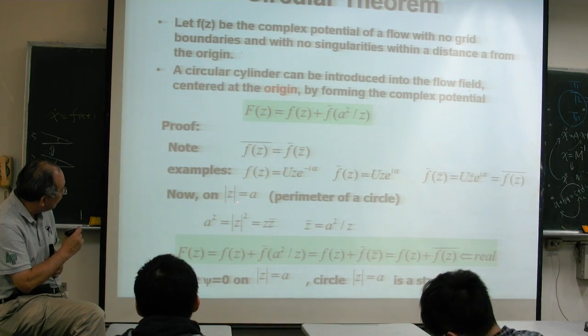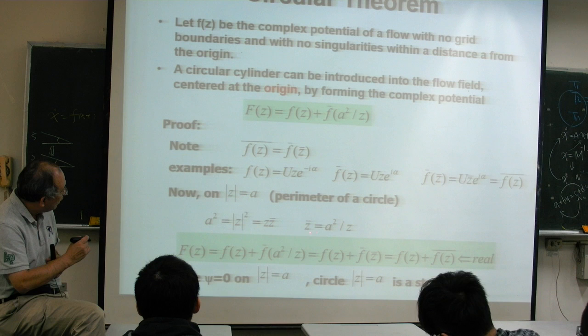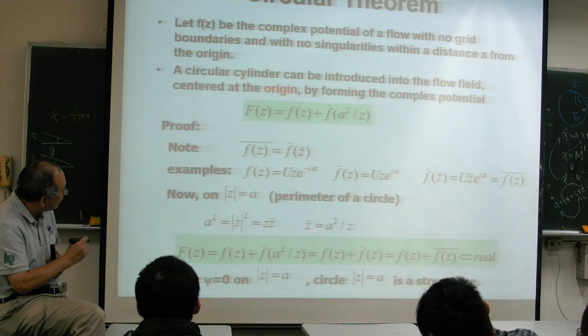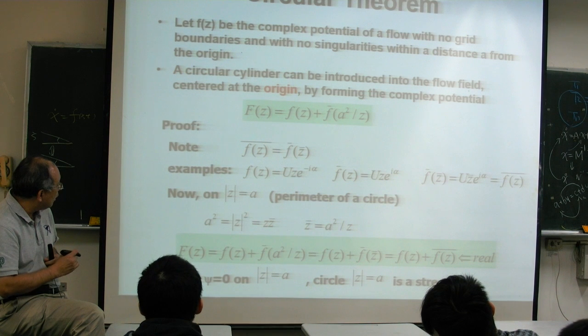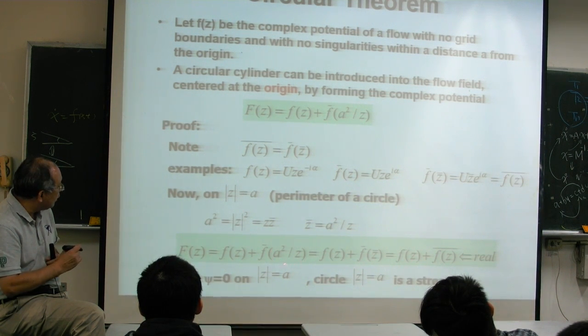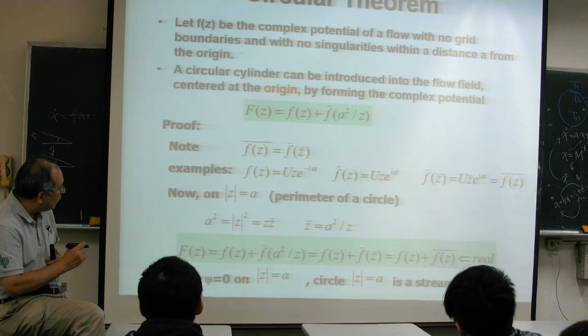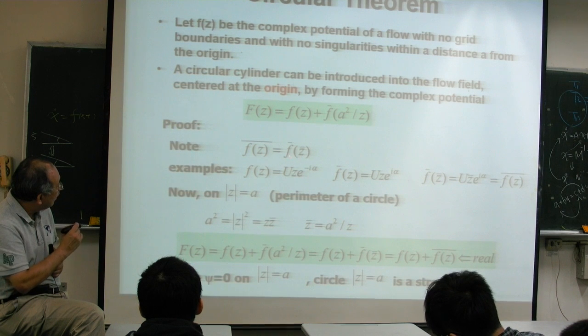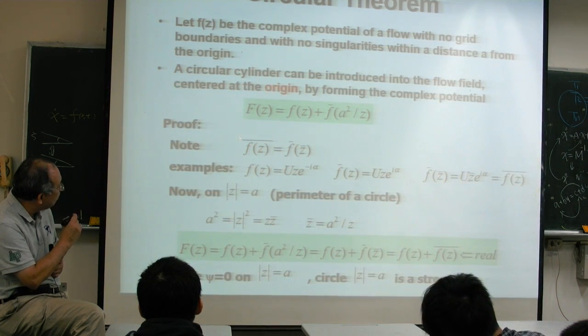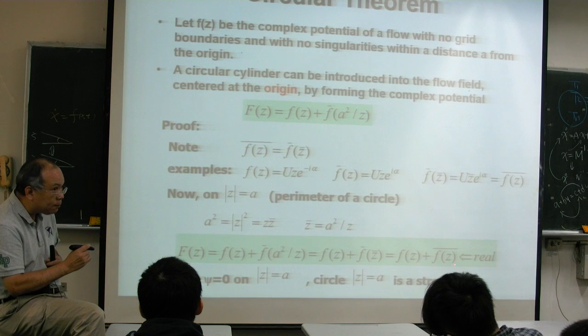According to this formula, if there is a circular cylinder here, our z bar is equal to a squared over z, right? So a squared over z is equal to z bar. And this f bar becomes f bar of z bar, which gives you the f(z bar) here.